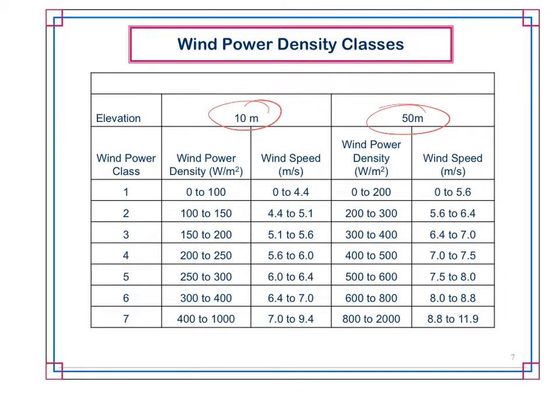Whereas if you're offshore, right, going from 10 meters to 50 meters is not going to be that much because the water, there's not a lot of things to slow the wind down. So when you think about offshore versus onshore, you have to get much higher elevations to get away from the effect of the slowing of the wind because of the Earth's surface than you do over water because you have wave heights, and that's essentially all that's going to slow the wind down.